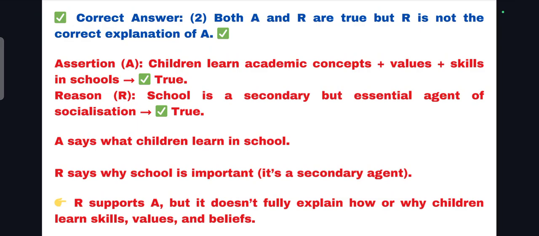Here both the statements are considered correct, but the difference is that the reason is not the explanation of the assertion. So always attend to this type of question carefully.